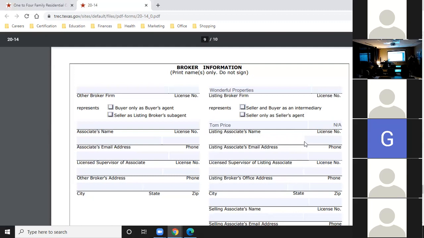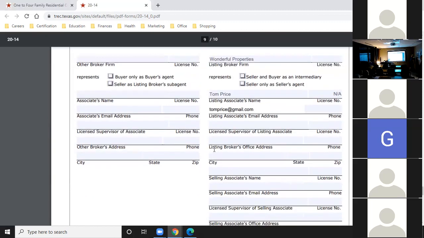Okay, the email address is tomprice@gmail.com. Okay. Their phone number? 713-276-4799.